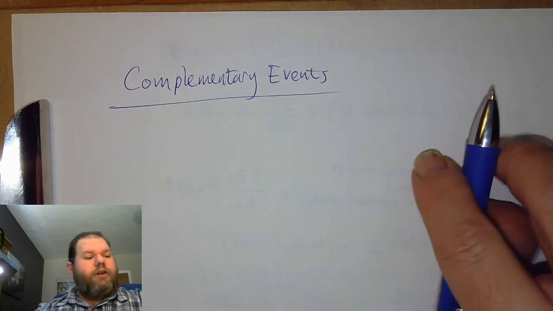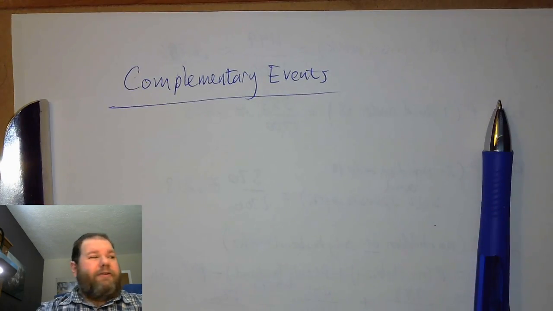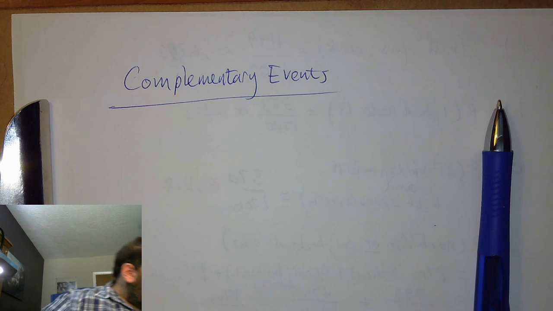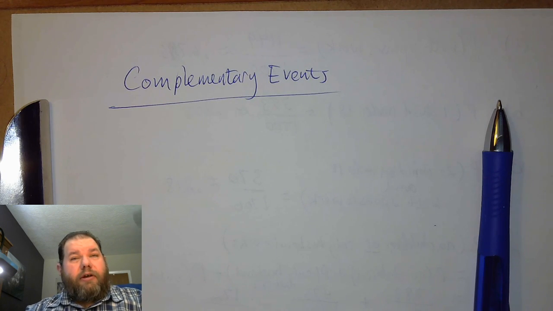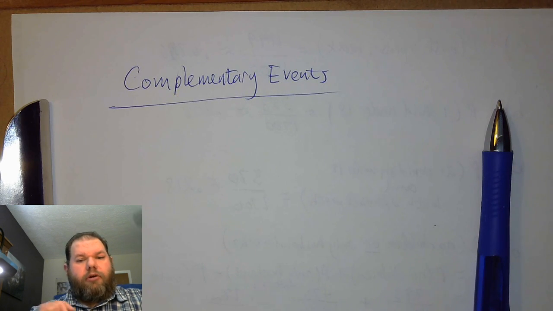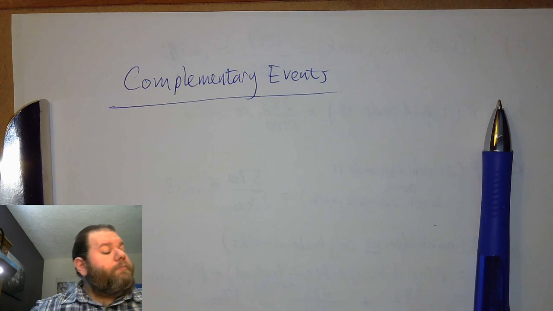Let me make sure I get the notation right, because depending on the textbook, different textbooks indicate complements different ways. In some cases they write a bar over the top of the event, and other times they write a little C for complement in what would technically be an exponent position, basically a superscript.